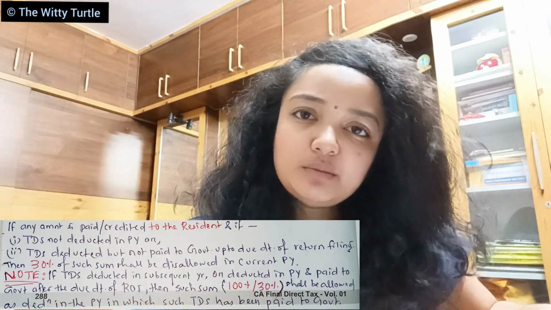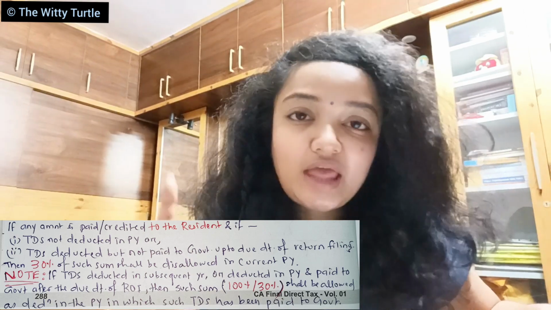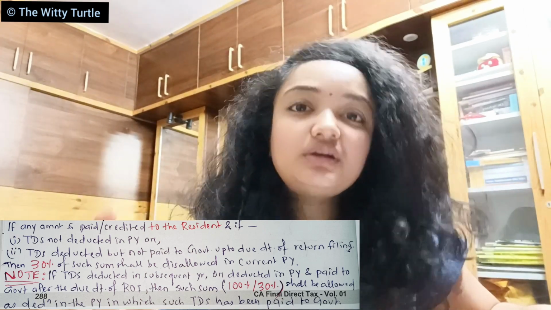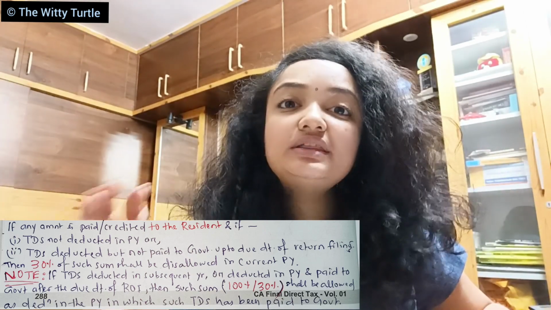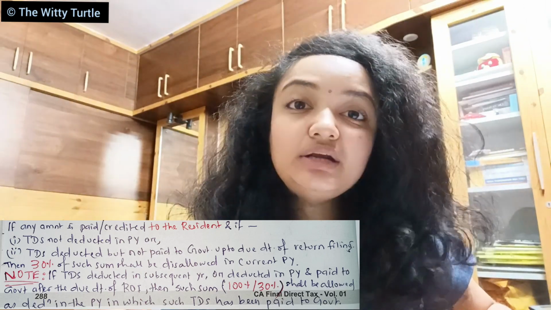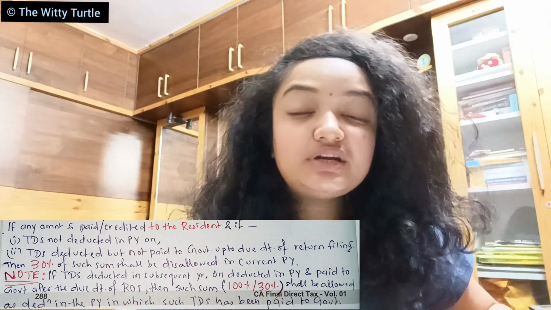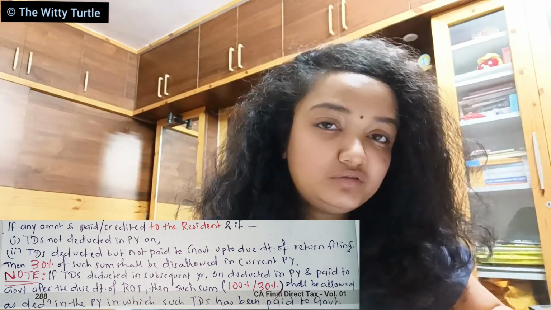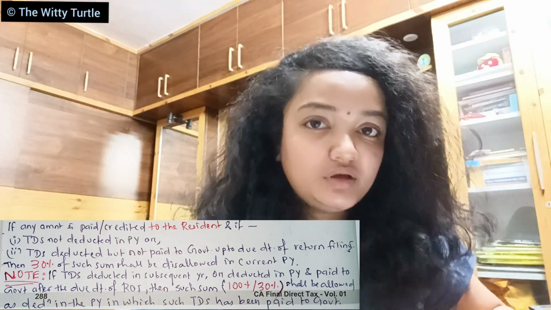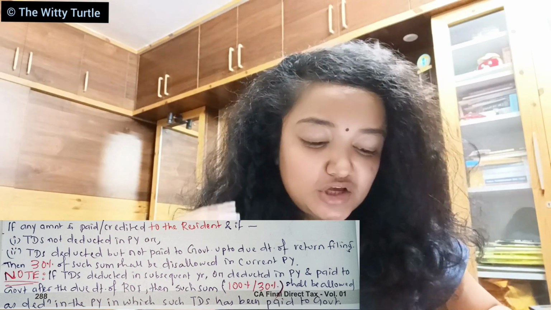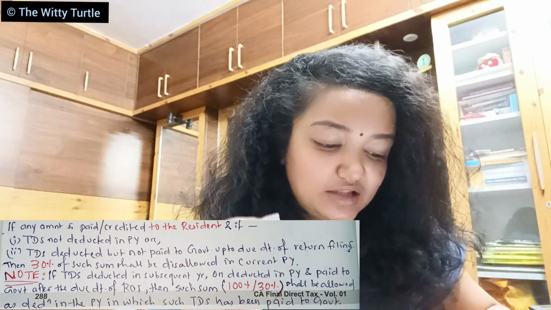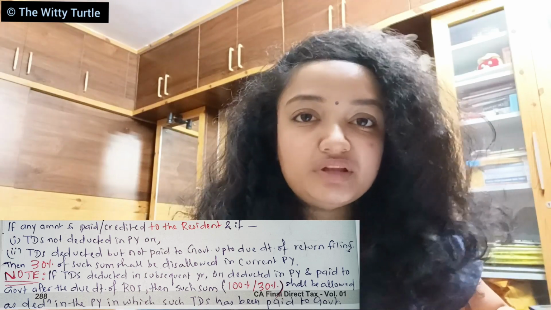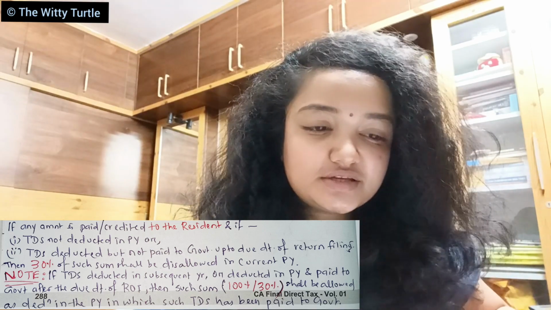It says that any amount is paid or credited to a resident, and if TDS is not deducted in the previous year, or the TDS has been deducted but it is not deposited to the government up to the due date of return filing of that previous year, then 30% of such sum shall be disallowed in the current previous year.